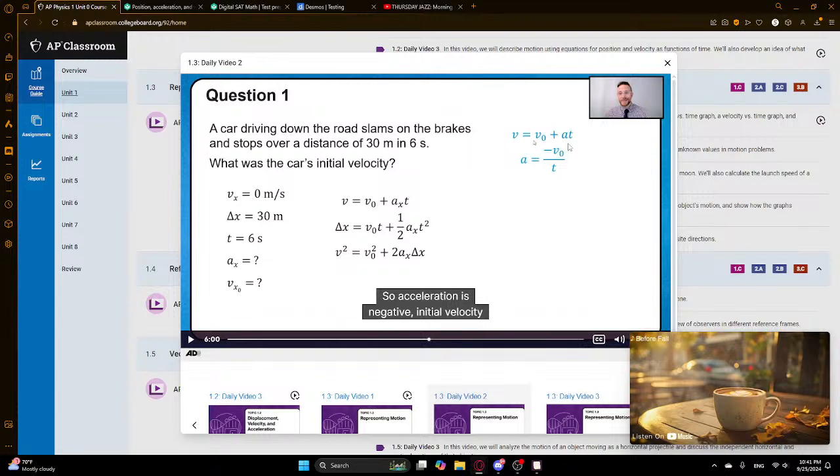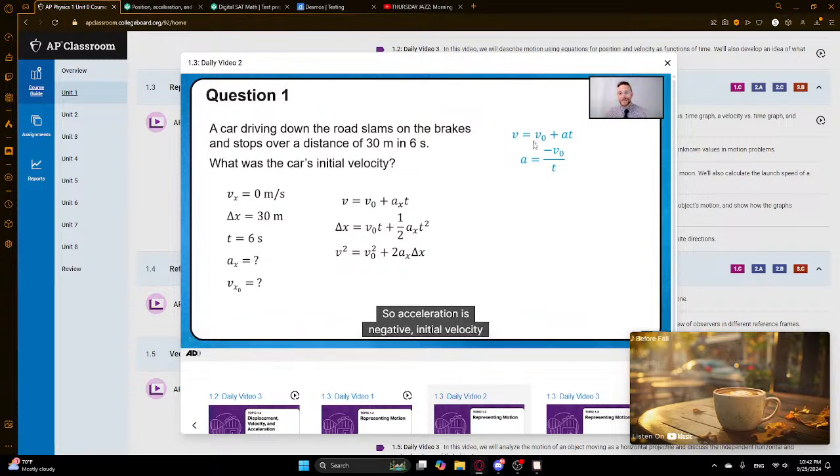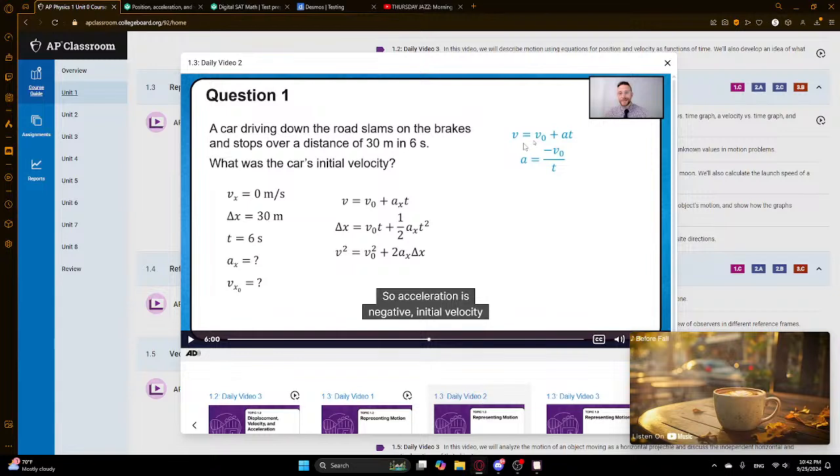If he were to divide by t, or if you were to subtract this to this side, it'd be v minus... Oh wait, since v is 0, is that why?